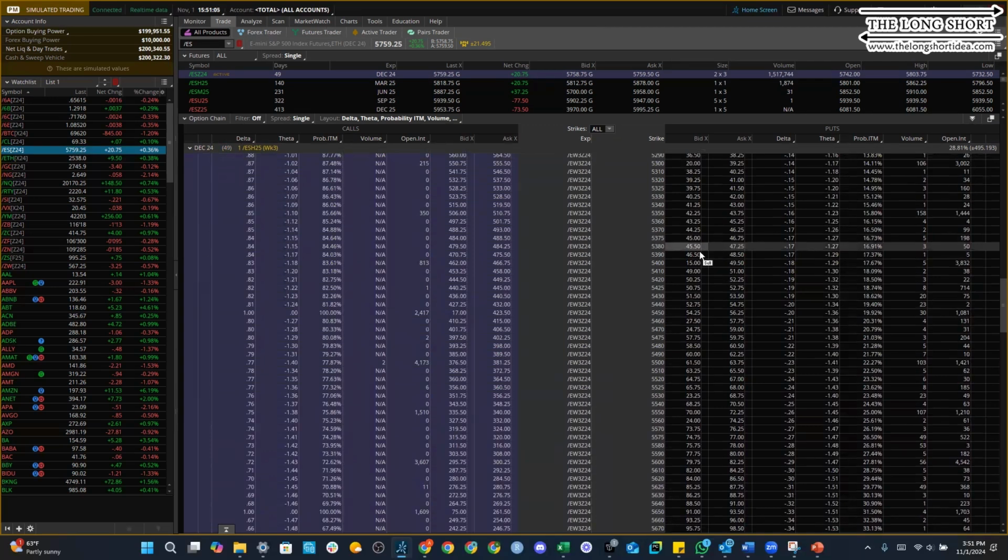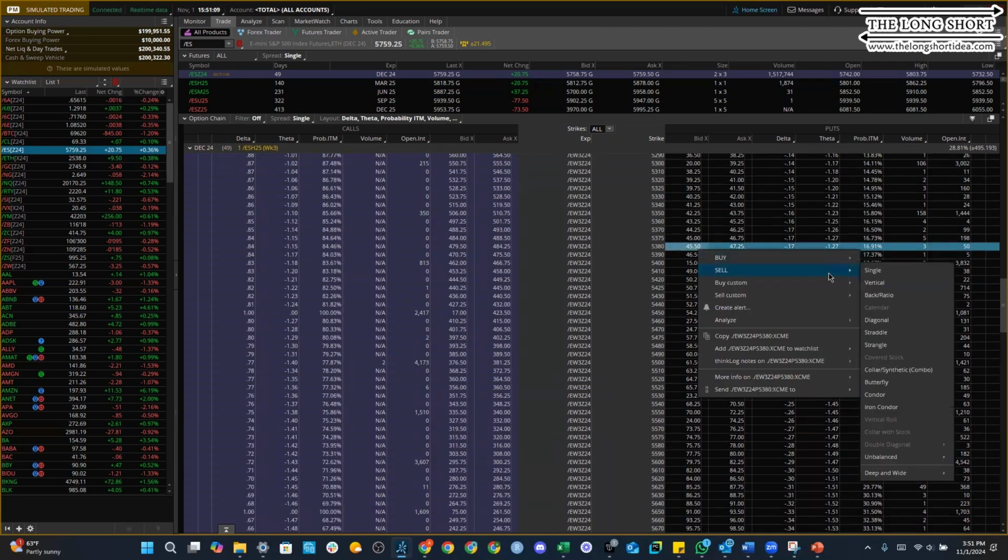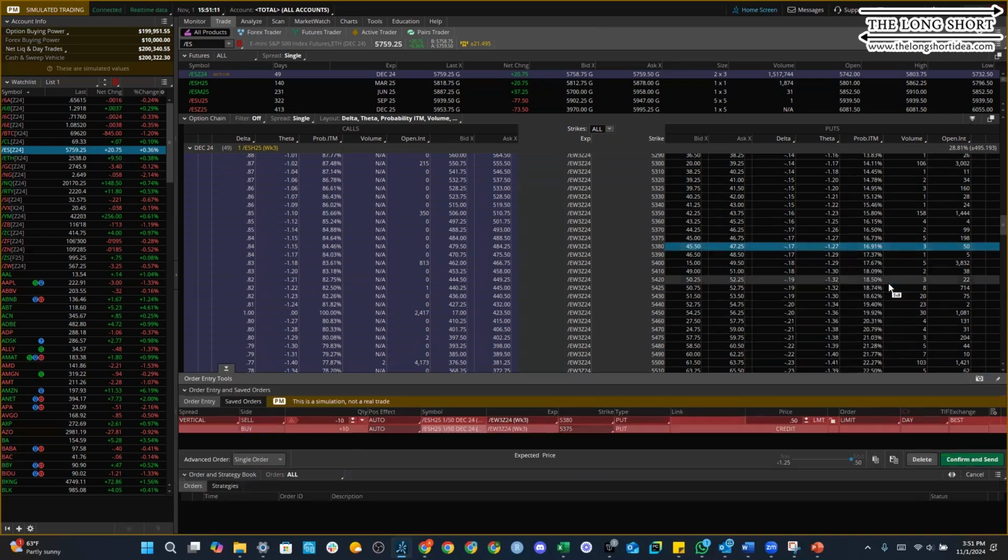Now, let's say we do the same thing. We go 17 delta here, 53.80. But in the futures market, in order to collect the exact same amount of dollars, we have to go 20 points wide. It's just how the products are made, because the futures market has a 50 times multiplier on the index. So therefore, you have to go twice as wide.